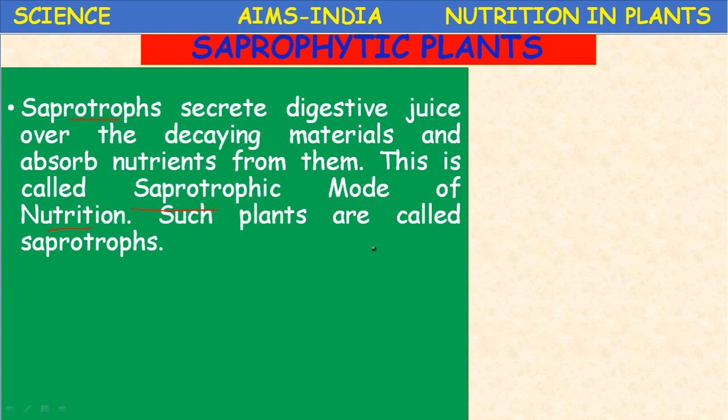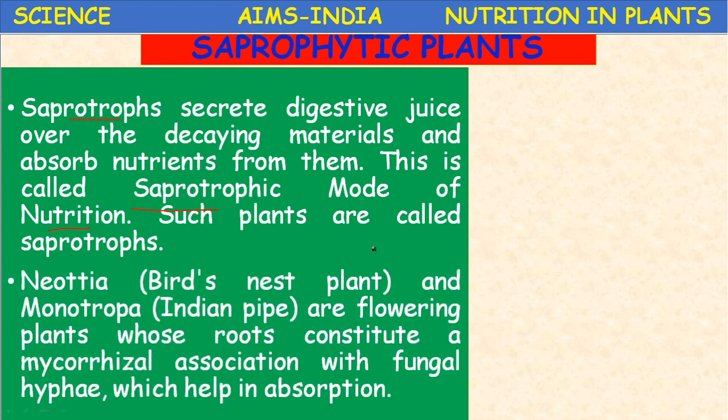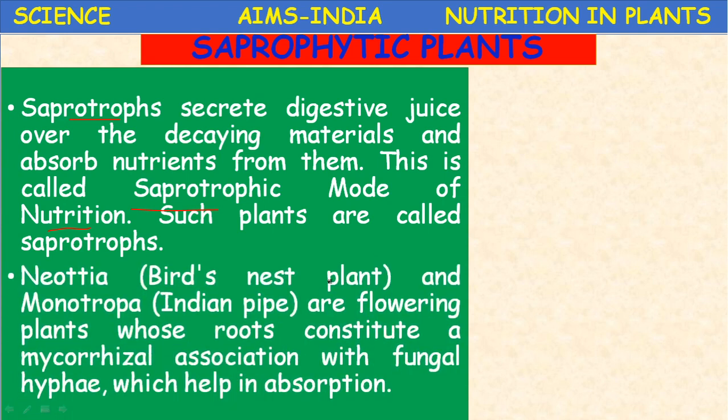Such plants are called saprotrophs or saprophytic plants. For example, Neottia, whose common name is bird's nest plant. This is the scientific name, and the common name is bird's nest plant.